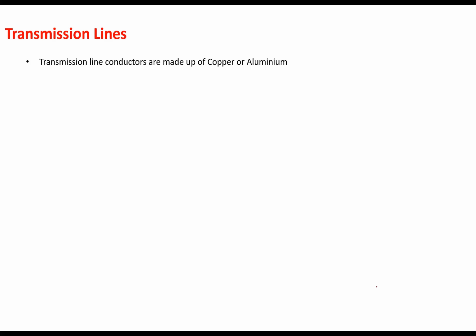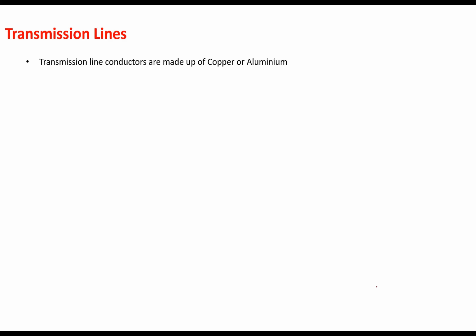Basically copper and aluminum. Copper is used for household wiring and for short distance power transmission, where the length is small. Aluminum is mainly used in overhead transmission and overhead distribution.